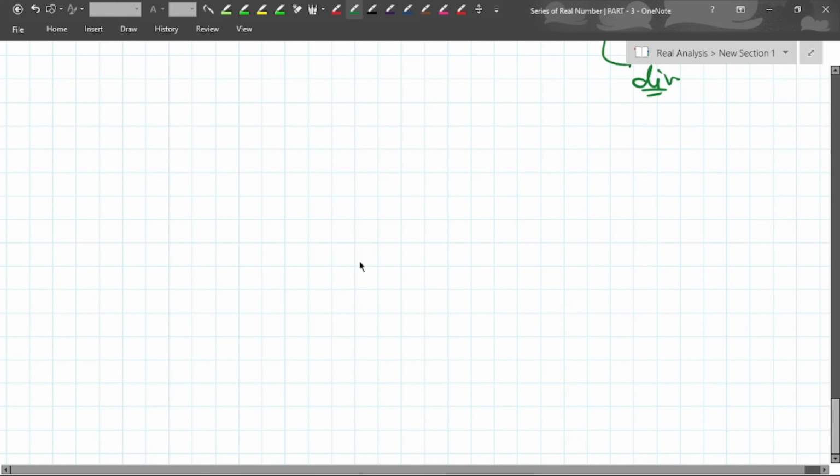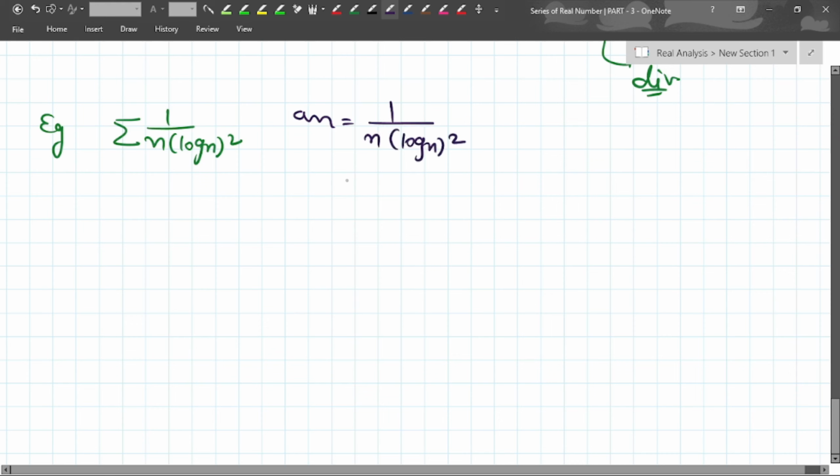One more example that we can take: summation 1 upon n log n power 2. Will this converge or not? What is your an? It is n into log of n power 2. Now replace n with 2 power n and multiply by 2 power n into a 2 power n.